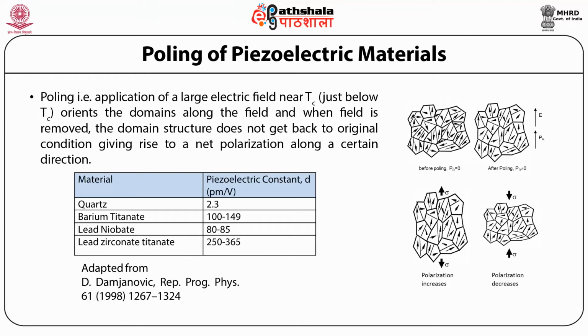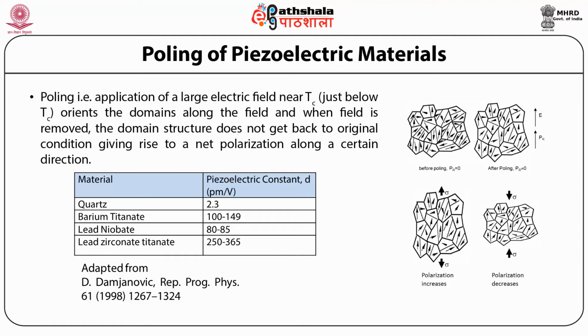Now, when a stress is applied to such a crystal, a noticeable change in the polarization can be observed, and this is depicted by the figures shown on the right hand side. For example, before poling, where Pr is 0, the domains are randomly oriented and the net polarization is 0.